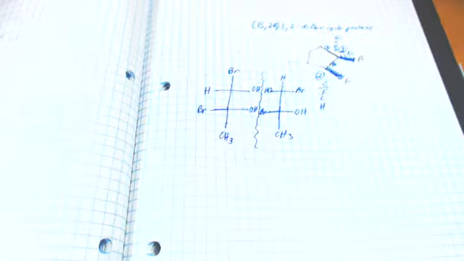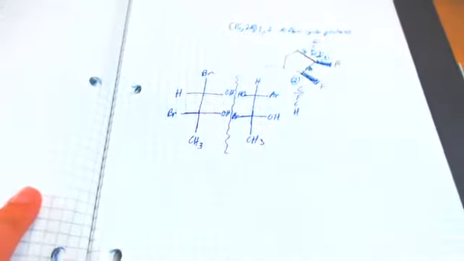What are these structures? Are they the same? Are they constitutional isomers? Are they enantiomers? Or are they diastereomers?